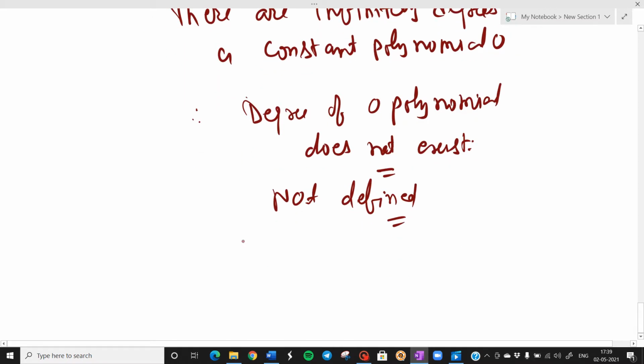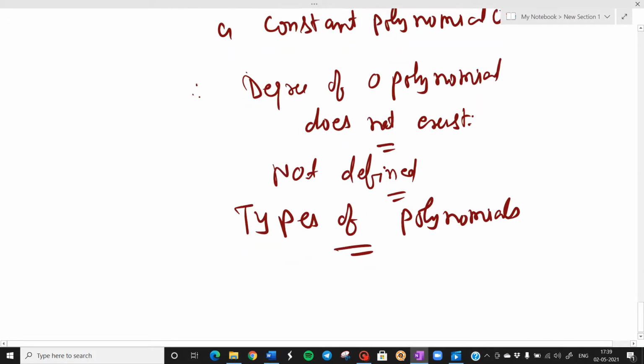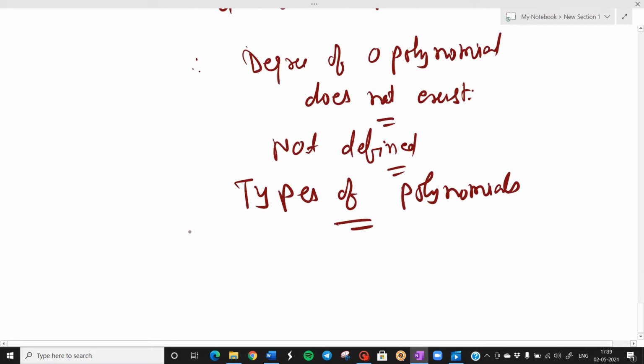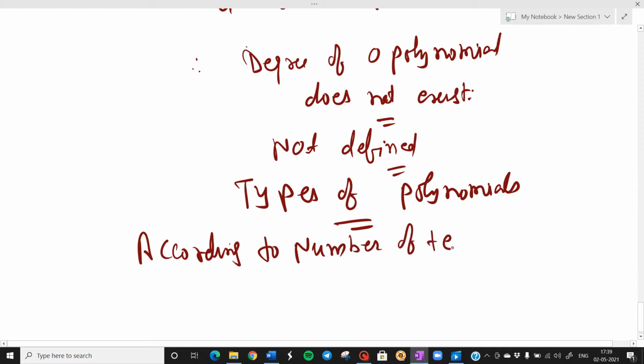Right, now we come to the types of polynomials. In types of polynomials, we can say according to number of terms.